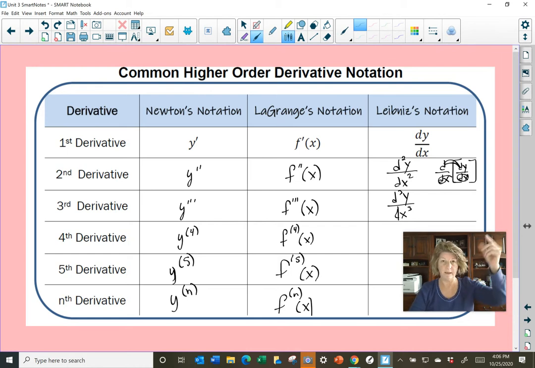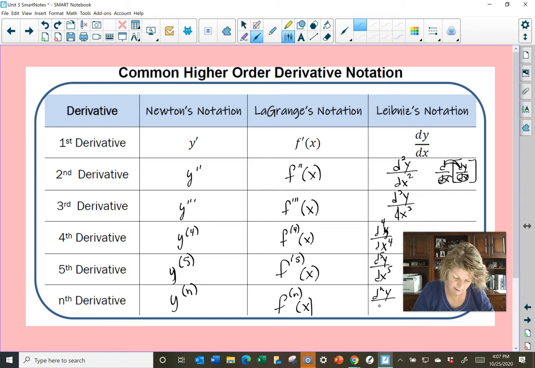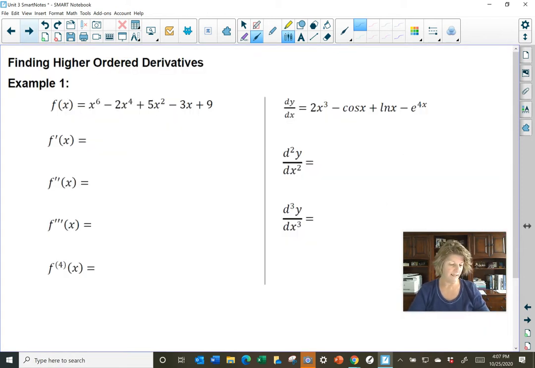So I get d cubed y over dx cubed, d fourth y over dx to the fourth, d fifth y over dx fifth, and then finally the nth derivative, whatever derivative you want it to be, d^n y over dx raised to the n. Okay, so hopefully you can recognize those when you see them.